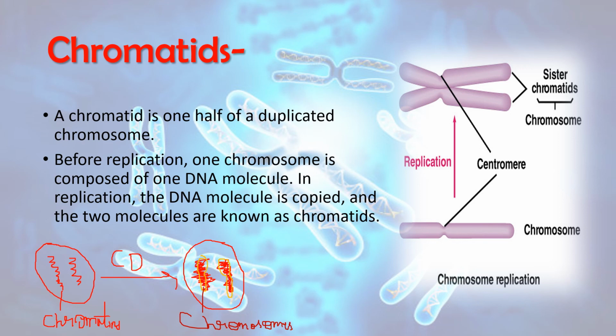This time they have only one chromatid. This complete region is known as a chromatid, having only one chromatid. After duplication of the DNA, they become like this.